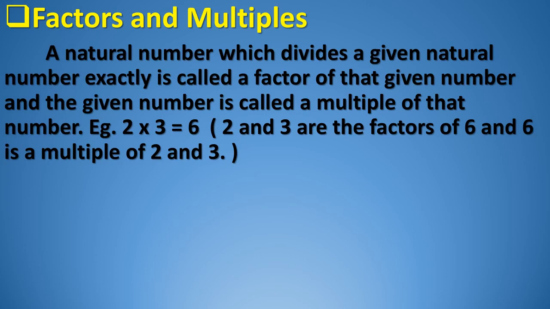The number which we are dividing, that is the dividend, is called a multiple of that number. See the example: 2 multiplied by 3 equals 6. So 2 and 3 are the factors of 6, and 6 is a multiple of 2 and 3.